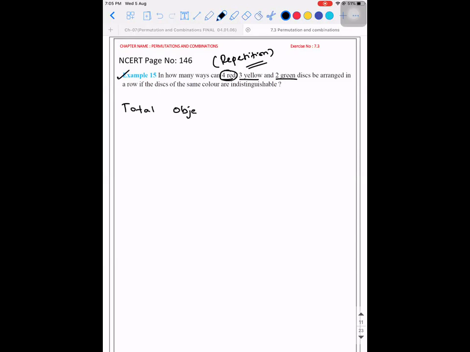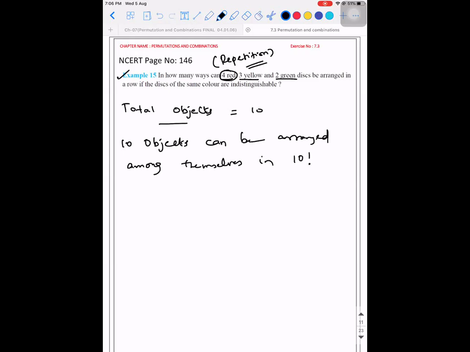Total objects present are 9. So the objects can be arranged among themselves in how many ways? 9 factorial ways.